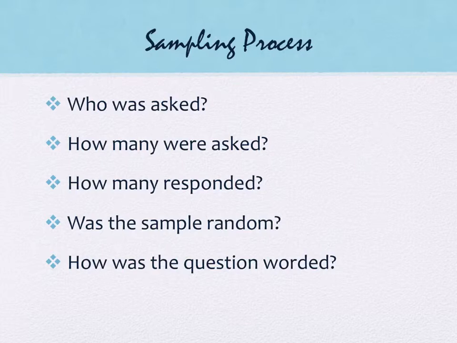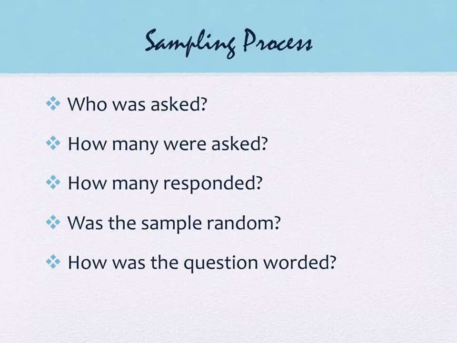You know stealing is wrong. Do you really think they're going to admit stealing that cookie? Probably not. If you're asking the question in a way that's condemning or trying to show some sort of moral value, people aren't always truthful. So there are some issues with how you ask questions and how you collect data.